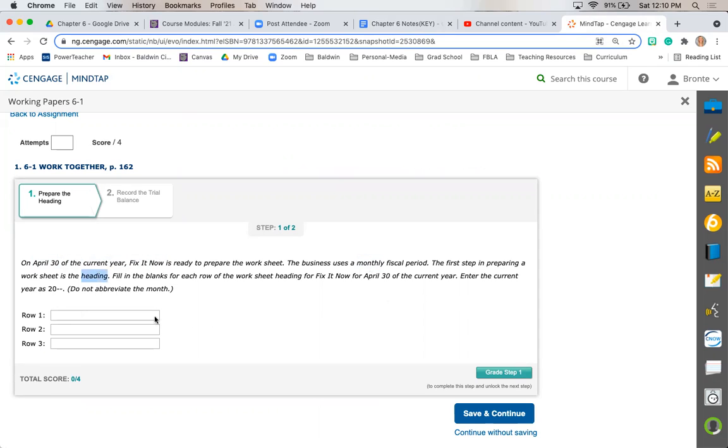No matter what it is, the first row of any heading of a financial statement is going to be the name of the company, Fix It Now. The second is always going to say what type of financial statement we're working on. So this is the worksheet. And then the third is going to be our date.